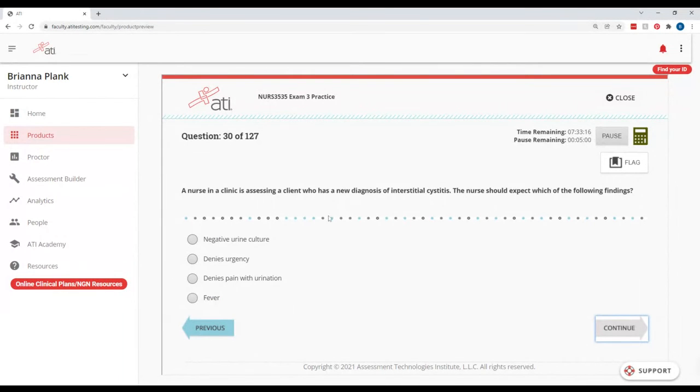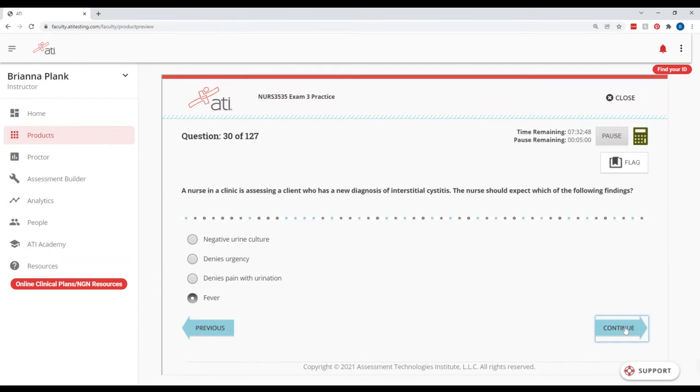Okay, the patient has interstitial cystitis. What findings are we going to expect? This one's pretty easy too, hopefully. So interstitial cystitis, we're gonna have bladder infection. What do we think would be a finding in a patient with a bladder infection?